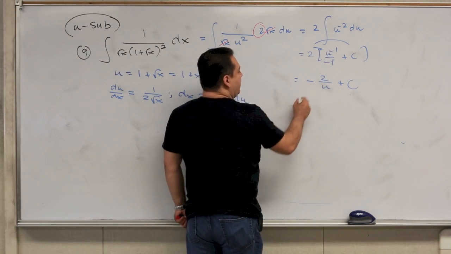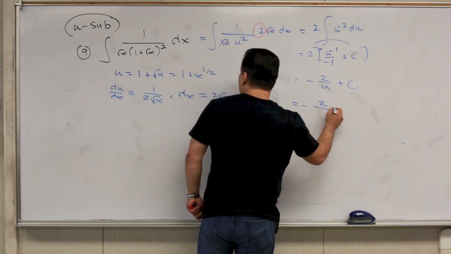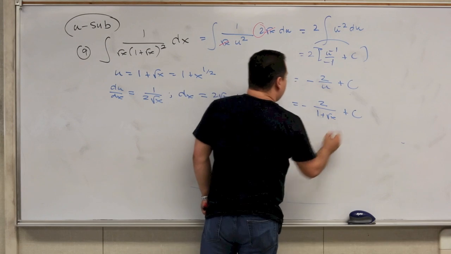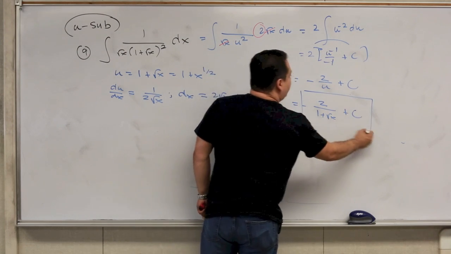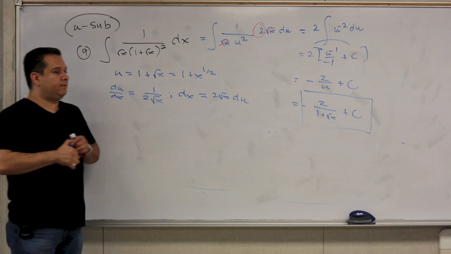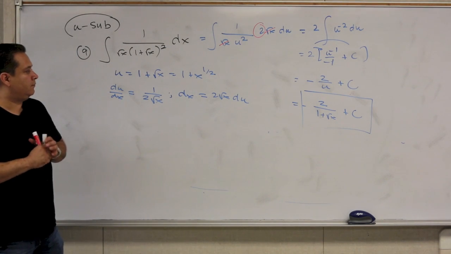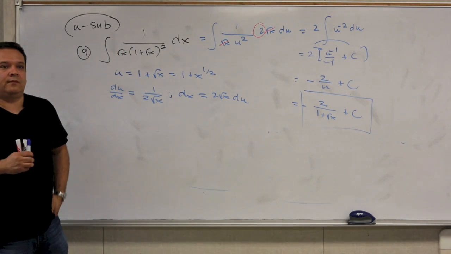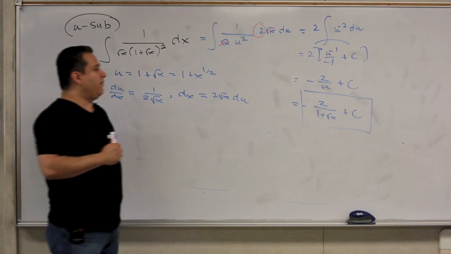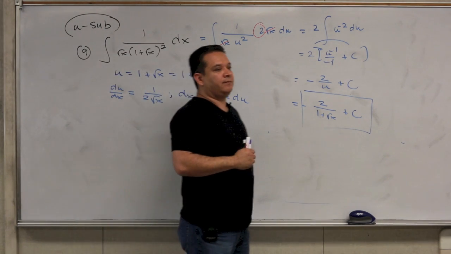The negative, put it out here. So it's negative 2 over u, and u is 1 plus the square root of x, plus your c. Beautiful. Can you simplify that any further? No, you're done.